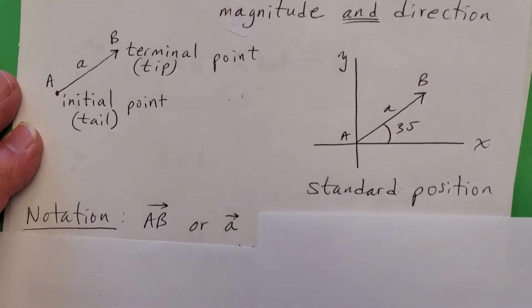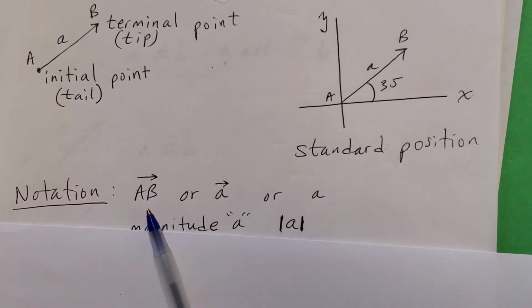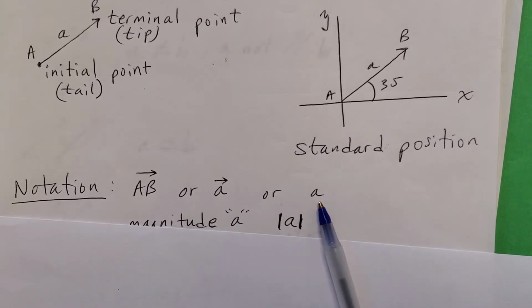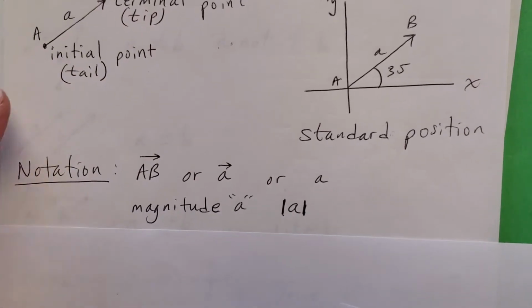So as I said, the notation, you can call it vector AB with the capital letters, vector a with the lowercase letter, or just little a, because the whole chapter is about vectors, so we don't have to say we're talking about vectors. Okay? The magnitude of a, right?